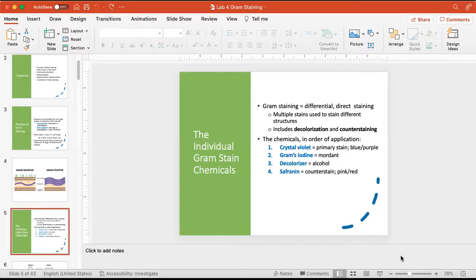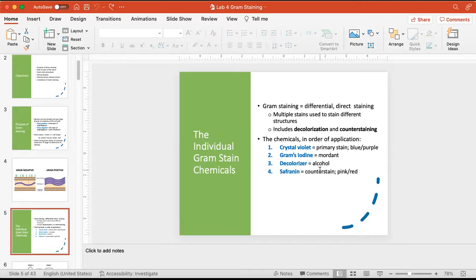So the key to decolorizing, as we'll talk about in a minute, is making sure you do it for the right amount of time and no more. The last step involves our second stain, and that's the stain called Safranin. If you remember from last time, Safranin leaves a beautiful sort of fuchsia pink color.